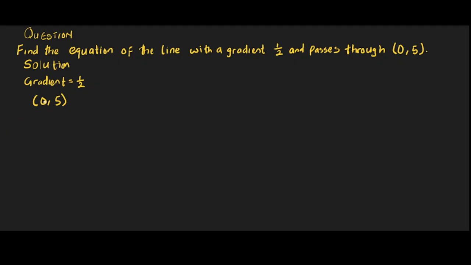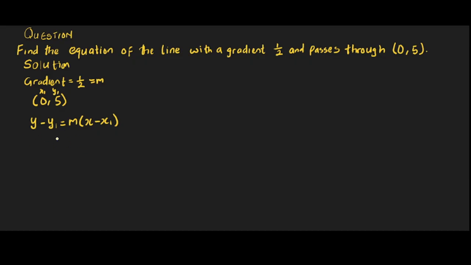So when we have the gradient and the point, we make use of this formula: y minus y1 equals m open bracket x minus x1. Our m is our gradient, where here 0 is going to be our x1 and 5 is going to be our y1.